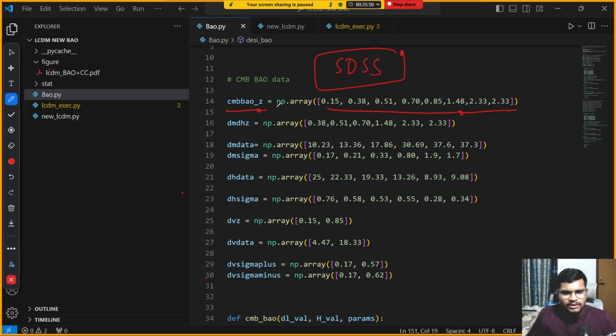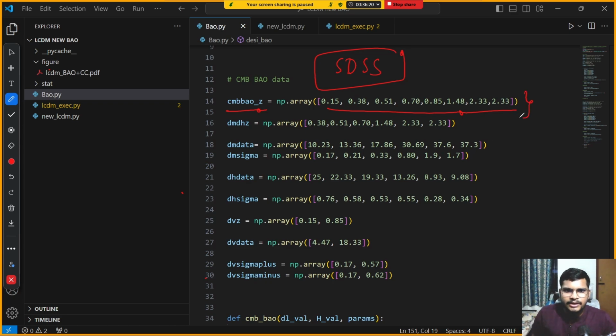Because this is a very short file, I don't want to make any text file. I have made one particular file, and I can call this file anytime with any model without even needing to change anything at all, right? So you do not need to change this file at all. I'm just telling you where you need to change. Otherwise, every time you can use it, and the file stays the same, right?